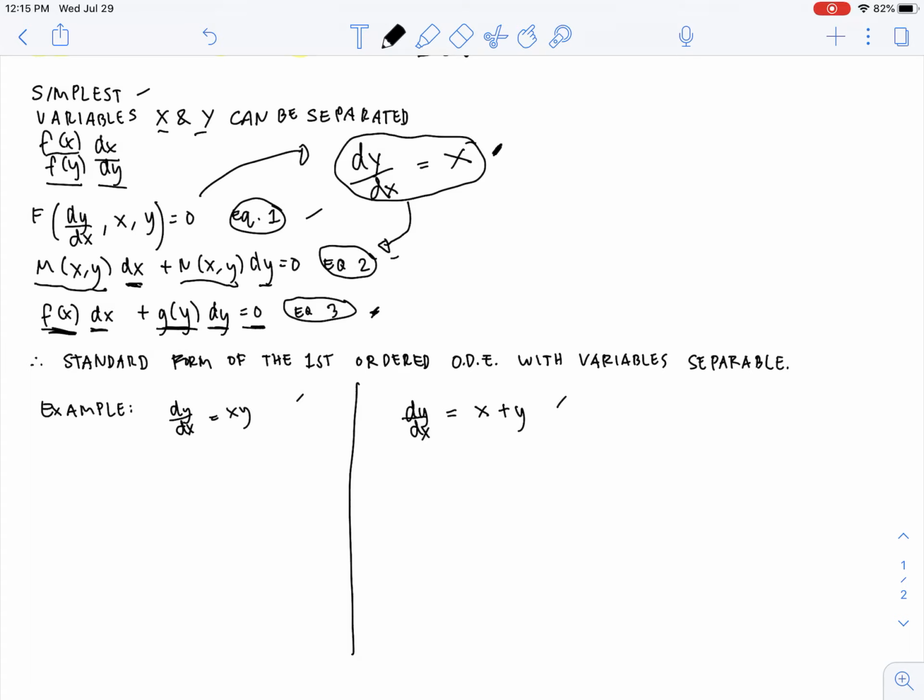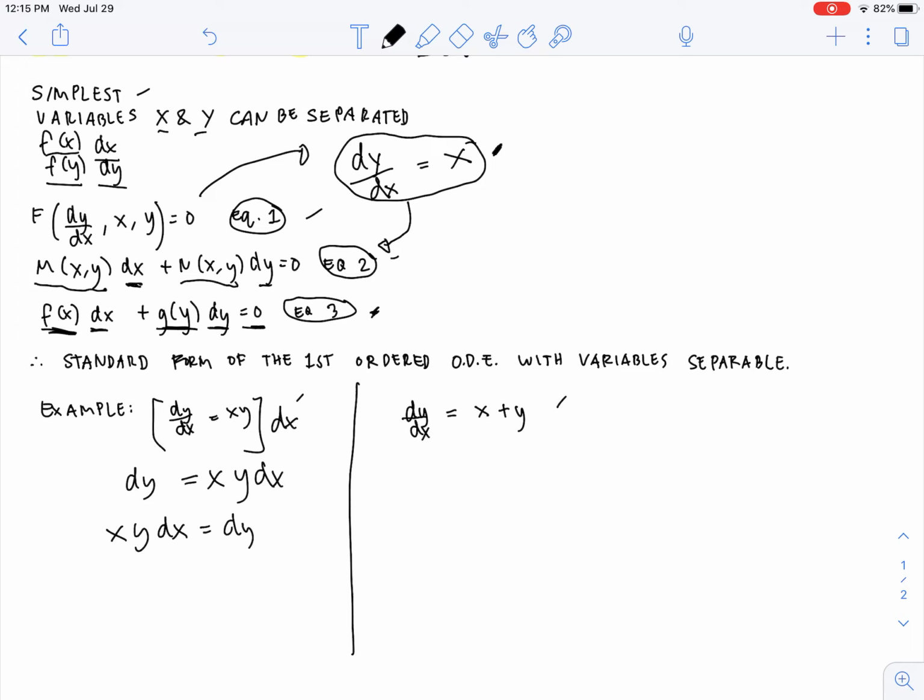We can multiply both sides by dx. So this now becomes dy is equals to xy dx. Then we can flip it so that dx comes first: xy dx is equals to dy. It is the same, we just swapped the components.